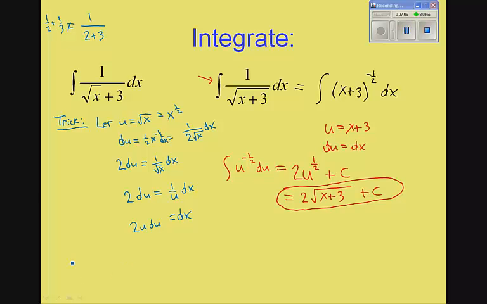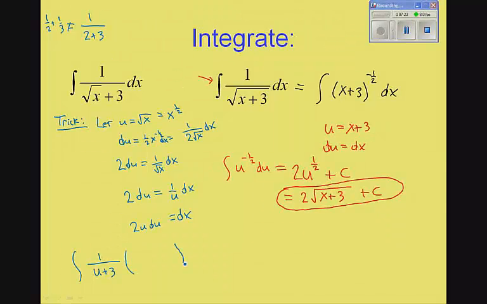Okay, it's time to rewrite the integral at this point because I think I have everything I need. What does 1 over the square root of x plus 3 now become? 1 over u plus 3.